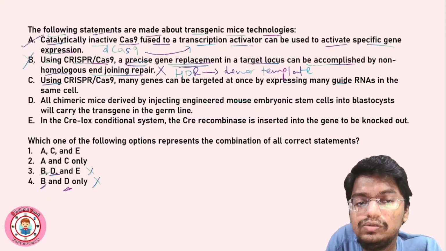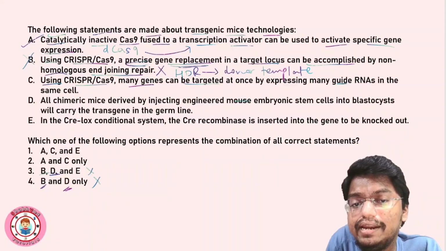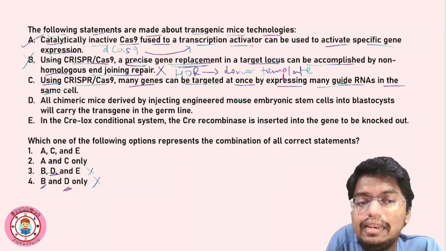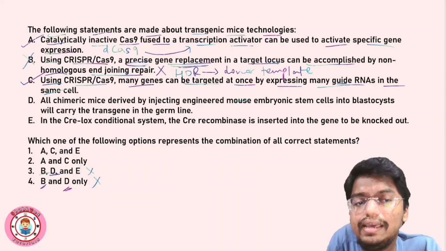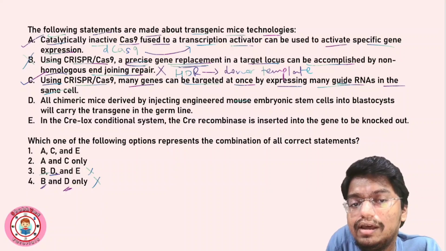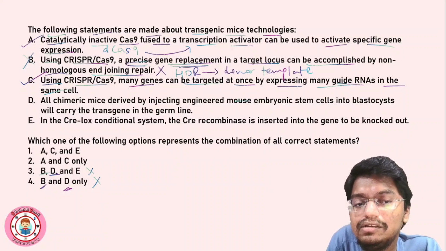Next, using CRISPR-Cas9, many genes can be targeted at once by expressing many guide RNAs in the same cell. Yes, correct. At the same time we can target different genes by expressing many guide RNAs. So yes, this is possible.